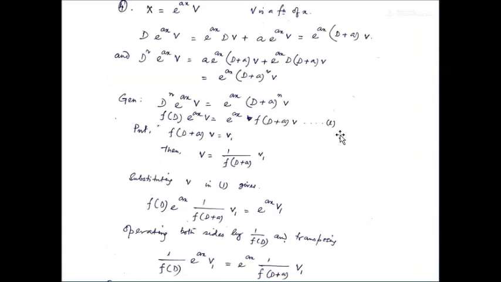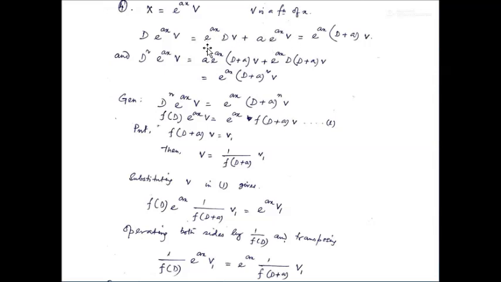Now in the fourth case, where X will be e to the power ax into v, where v is some function of x, then the differentiation of e to the power ax into v will be e to the power ax D into v plus a e to the power ax into v.